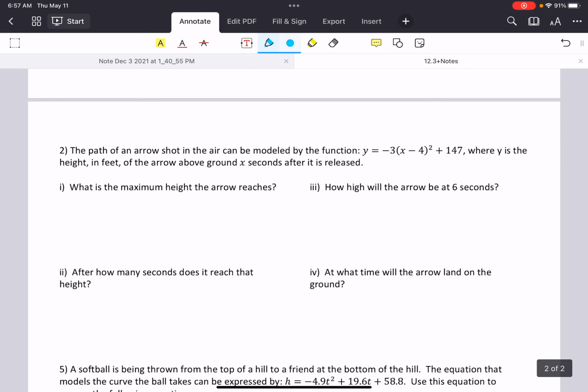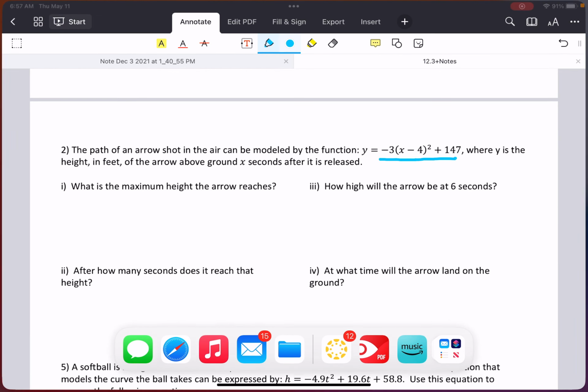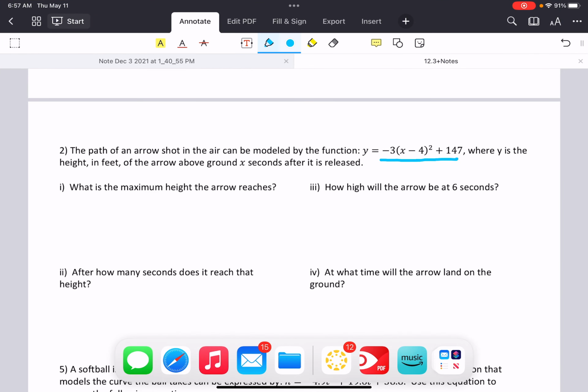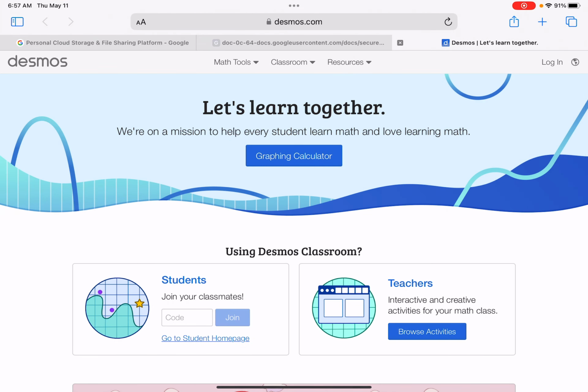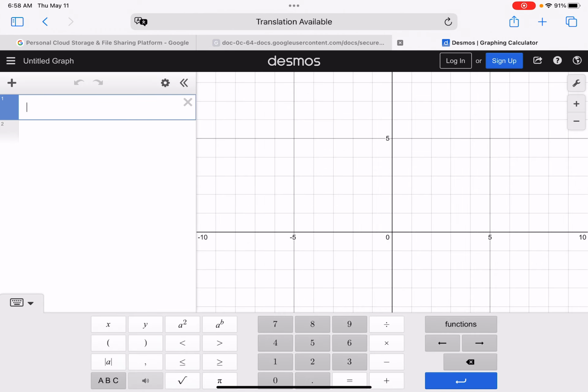This one doesn't have a graph, so it's given this equation, -3(x - 4)^2 + 147. So what I want you to do is on your Chromebooks, go ahead and pull up Desmos. So we go to desmos.com. Instead of going to a code this time, we're just going to go to the graphing calculator, and we're going to type that equation.